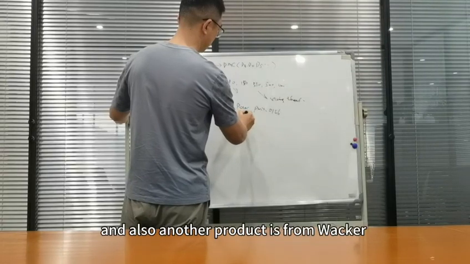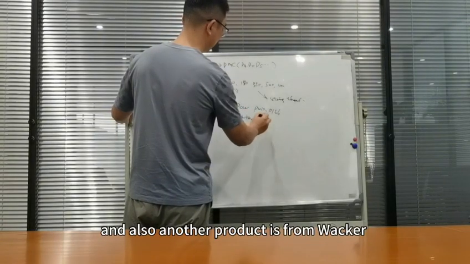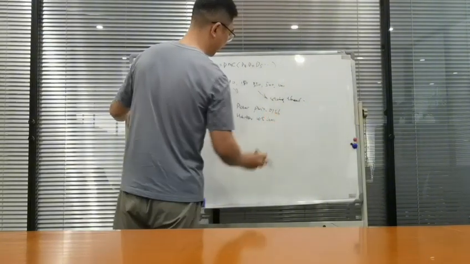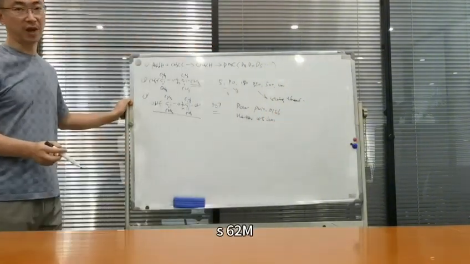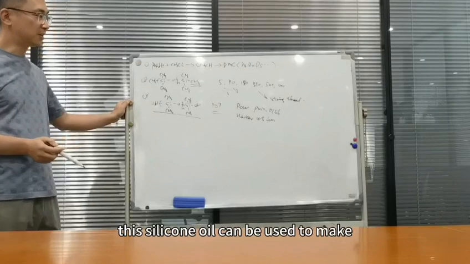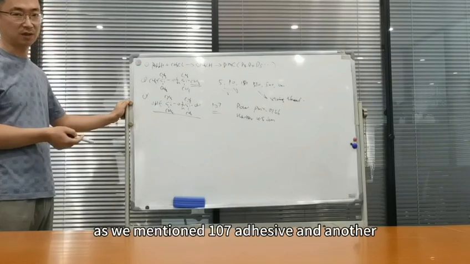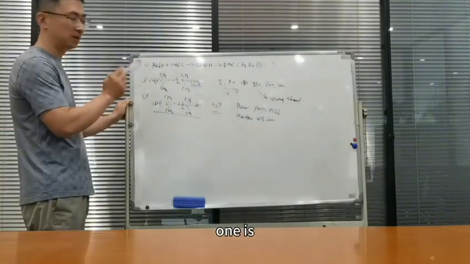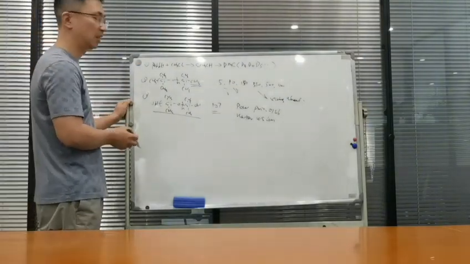And another product is from Wacker, WS62M. Linear silicone oil can be used to make, as we mentioned, 107 adhesive, and another one is amino silicone oil.